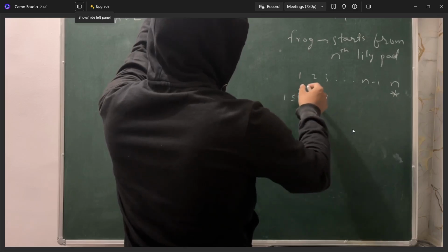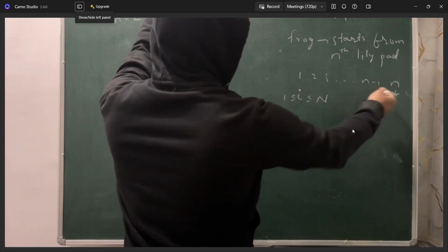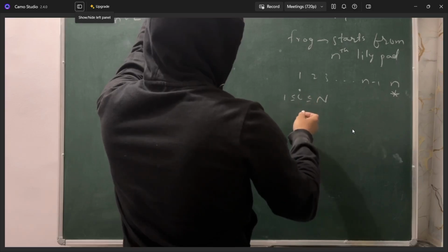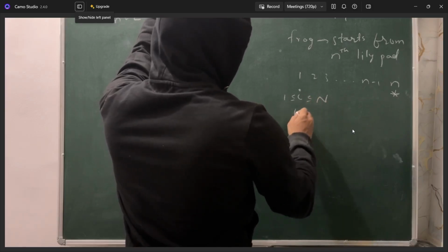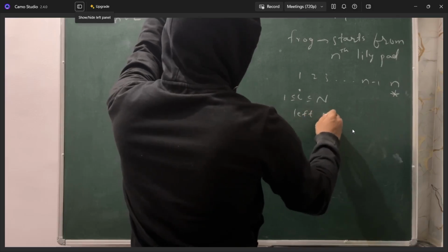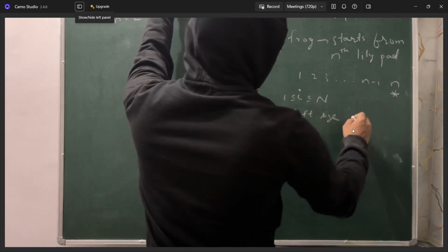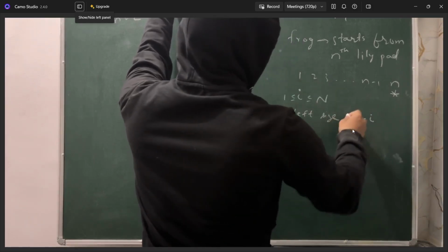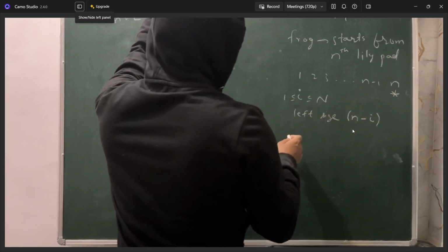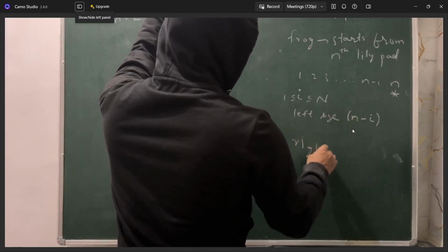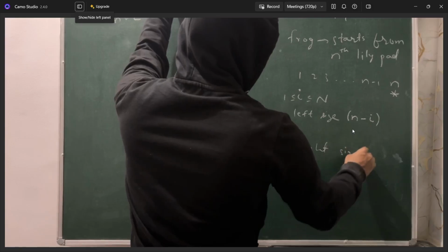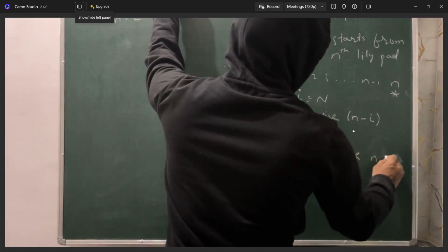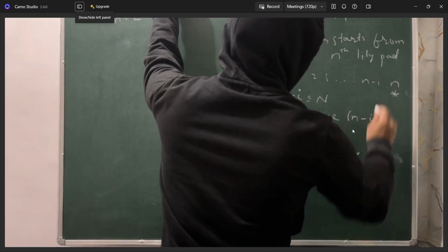Whenever i is 1, he moves in this direction, to the left side, n minus i steps, and on the right side also he'll go n minus i steps forward.